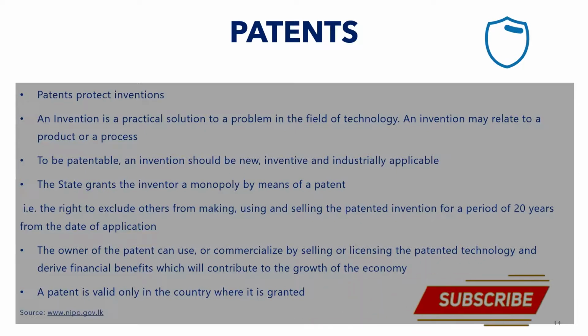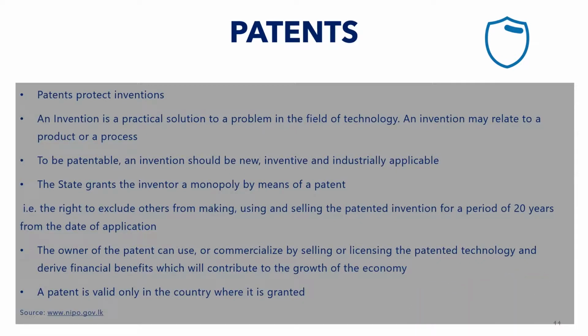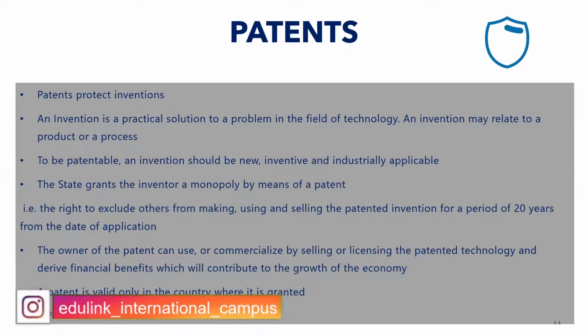So as they invented it, the people who invented it should be given the right to make use of it and to make good commercial profit out of it, right? So that really is the basis for patent registration. So the moment you register a patent, you become the exclusive holder of that patent. You can make it, use it, sell it, right?